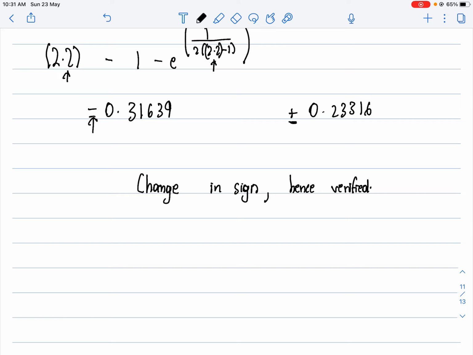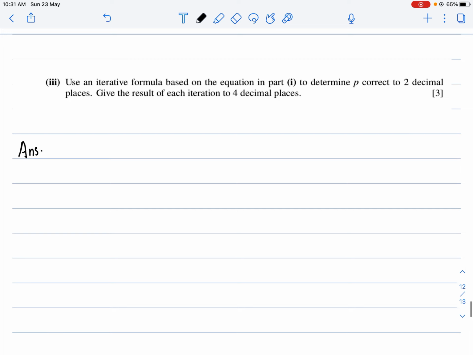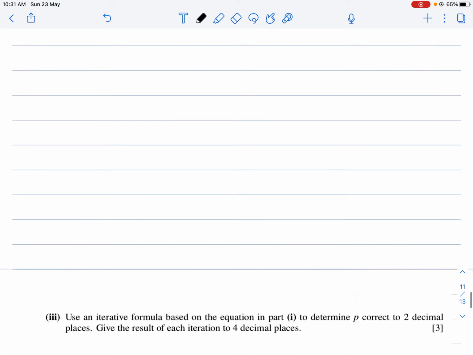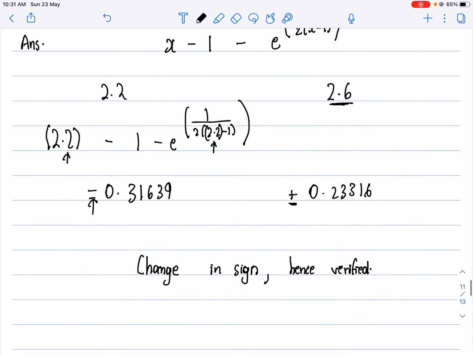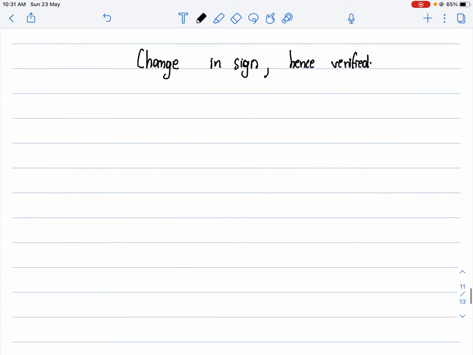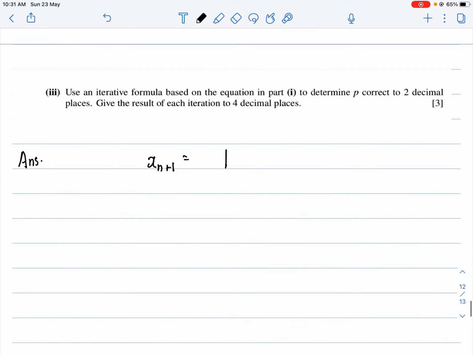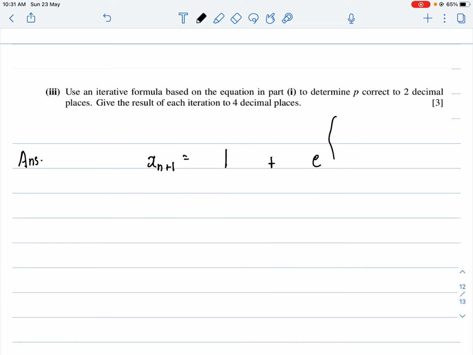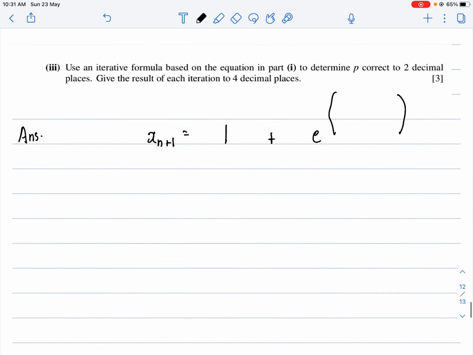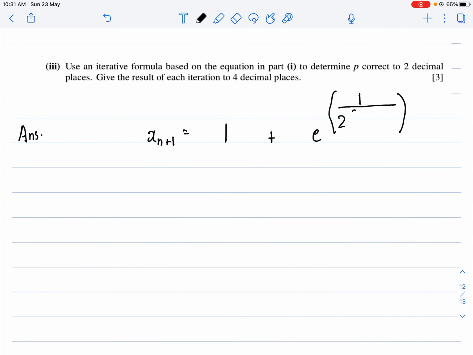Now, use an iterative formula based on the equation in part 1 to determine p to two decimal places. Give each iteration to 4 decimal places. So I can simply now write this as x n plus 1 equals 1 plus e raised to 1 over 2 into x n minus 1.